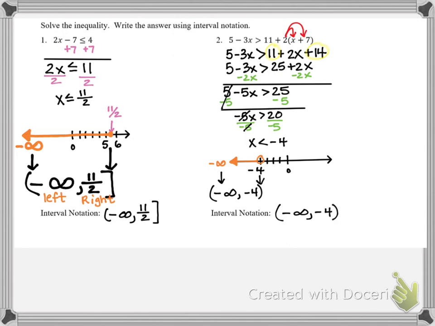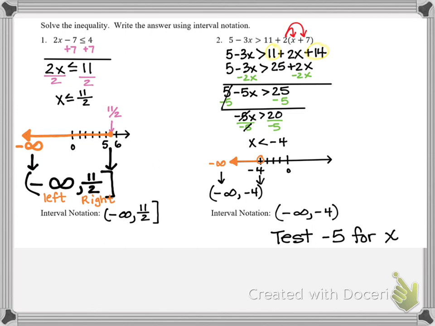Now, you can always check your solutions to a linear inequality just like if it were an equation. You can test any value for x that would fall in that interval notation. Basically anything between negative infinity and -4 is fair game to test. For instance, you could test -5 for x because -5 would be less than -4.